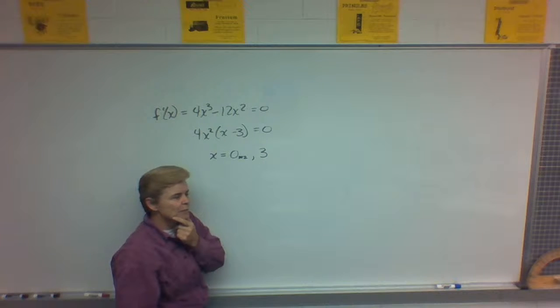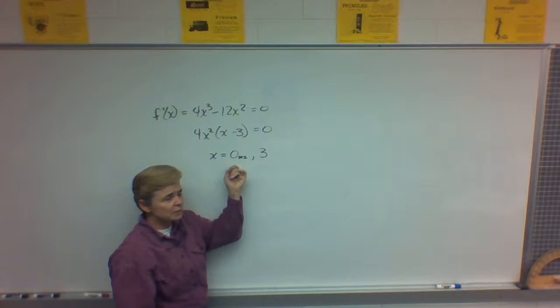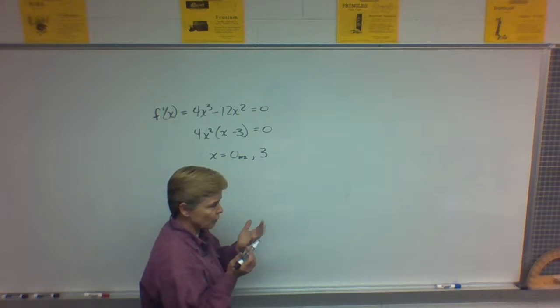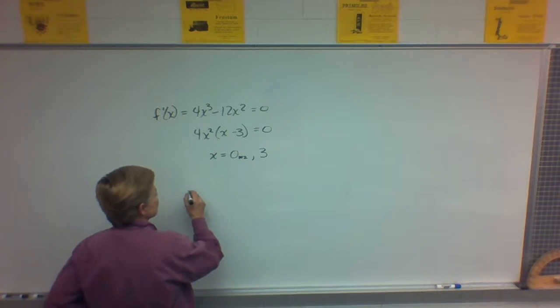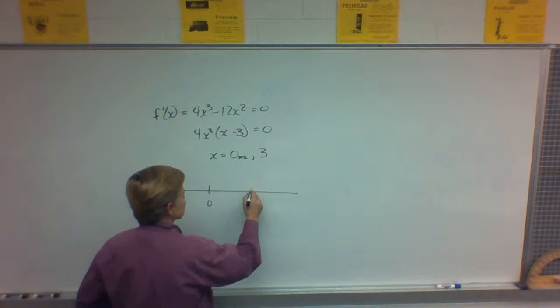When it bounces off, it means your first derivative has a shelf because there's no sign change there. It stayed positive to the left and positive to the right. We're still going to do a sign chart, but I want you to expect that, because multiplicity 2 means it bounces off, no sign change, and it remains positive or negative. Still, the sign chart for finding critical values has a 0 and a 3 on it.